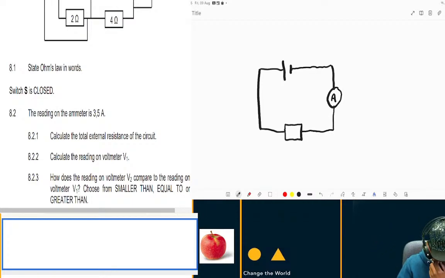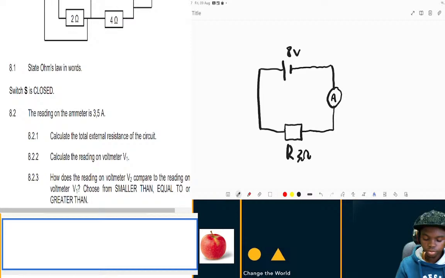So let's say we have a circuit like this, and we are told that there's 8 volts coming out of this circuit. We are told that we have a resistance of 3 ohms.